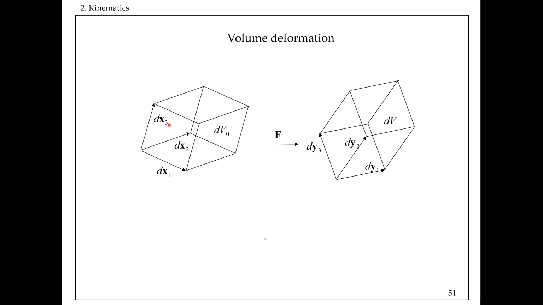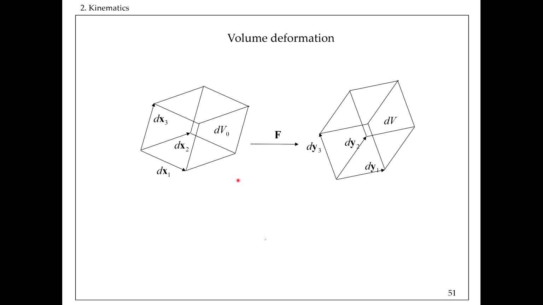So 1, 2, and 3 are not components, they are independent vectors, and these indices are more of an indication of a name. We could give different names, but we still want to keep x because I want to associate that with the undeformed, reference state. And so there is an initial volume dV0, with 0 for referential measures, and we can calculate it based on dx1, dx2, and dx3, which are just arbitrarily chosen vectors for us.